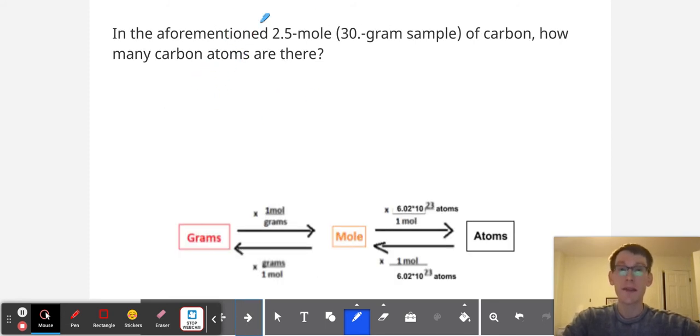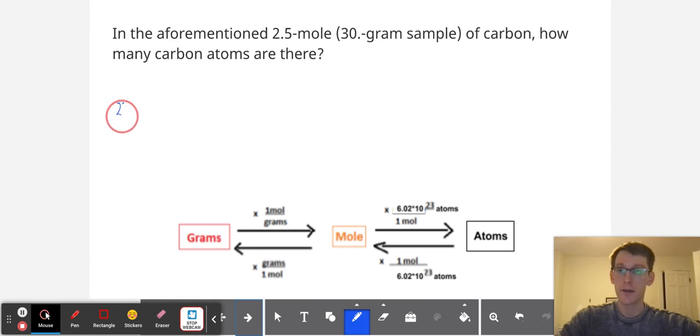Next, in this 2.5 mole sample of carbon, how many carbon atoms are there? So to do this, we could go in a different direction. Notice our mole is our starting point, and that's actually kind of like a bridge. You could go from moles to grams, as we just did, by multiplying by the number of grams per mole, 12.01 per mole. But if we're at moles and we want to go to atoms, then we need to multiply by Avogadro's number atoms for every 1 mole.